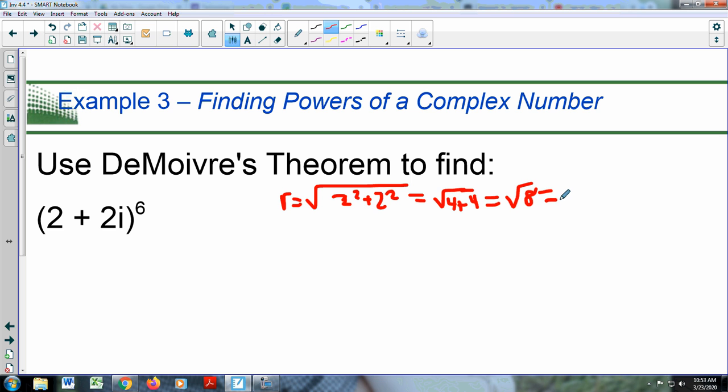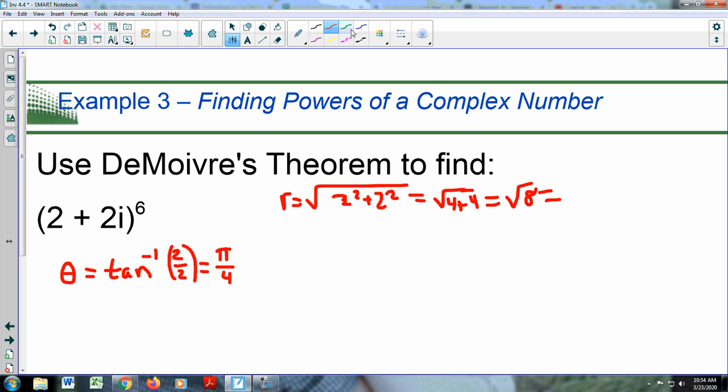I'm just going to leave it as square root of 8 for now. Now, my theta is tan inverse of 2 over 2. Again, that's just 1, so that's pi over 4.